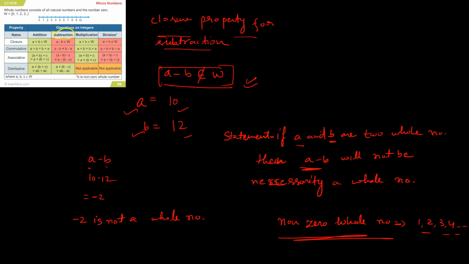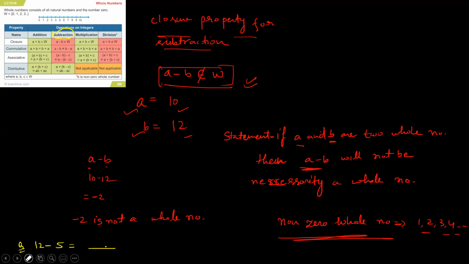For example, the question may ask 12 minus 5 is equal to what? ठीक है, this question may be asked. So what is the answer of this question? Tell me the answer. 12 minus 5 is what? 7. Very good.